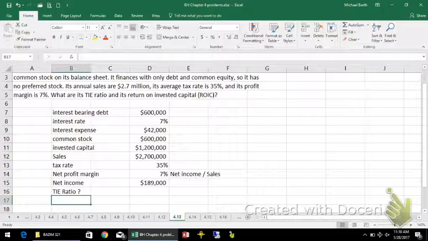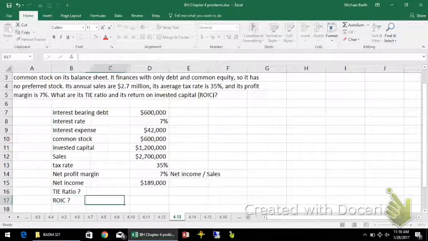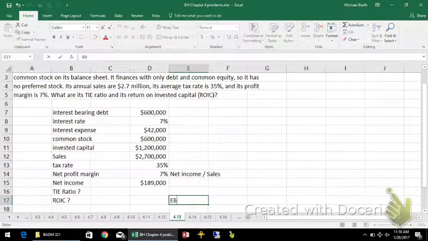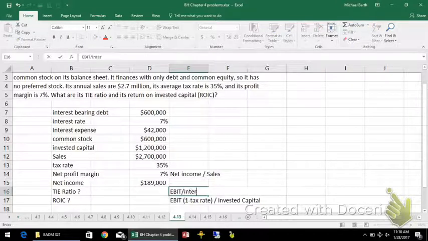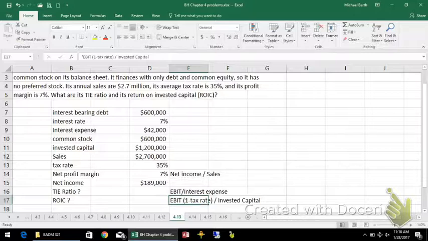And what's the ROIC ratio? This is EBIT times 1 minus the tax rate divided by invested capital. And the TIE ratio is EBIT over interest expense. So those are the two ratios I'm asked to solve for.